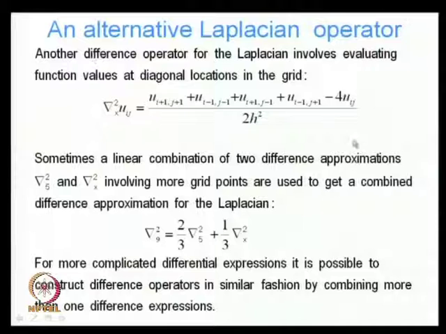So, this is another approximation to the Laplacian, and sometimes we put the two together. We use the 5-point operator as well as the diagonal approximation and combine them, scaling them with some coefficients and then adding them together, making sure that the sum of the coefficients adds up to 1.